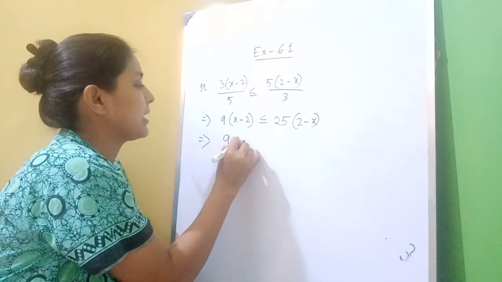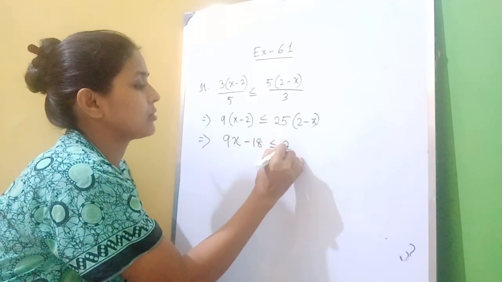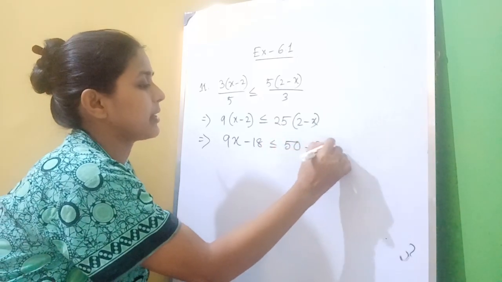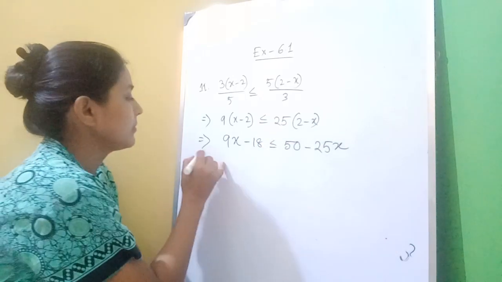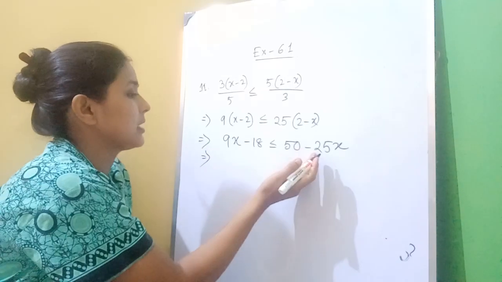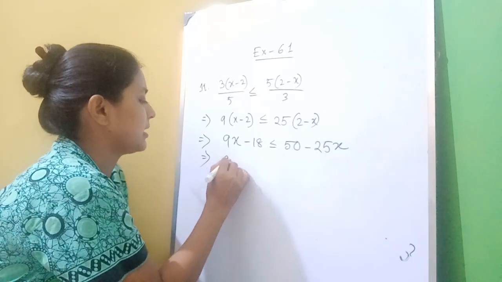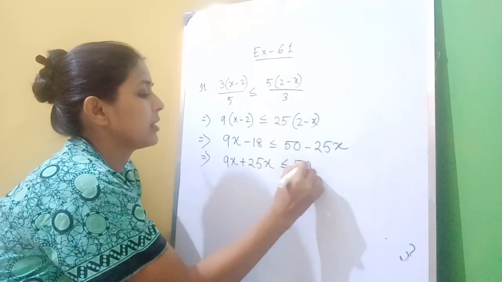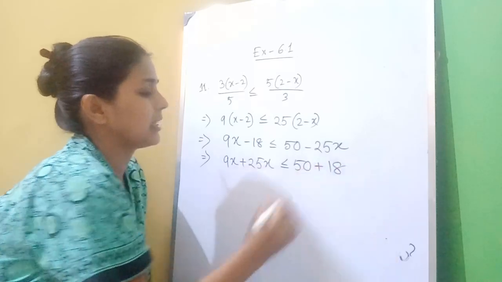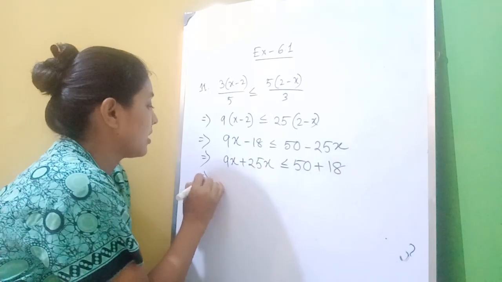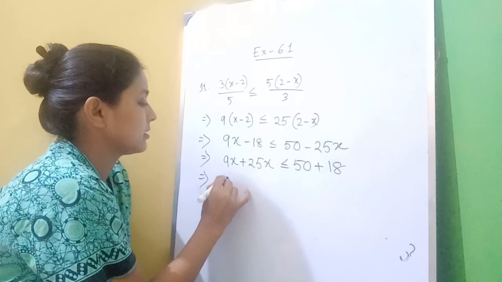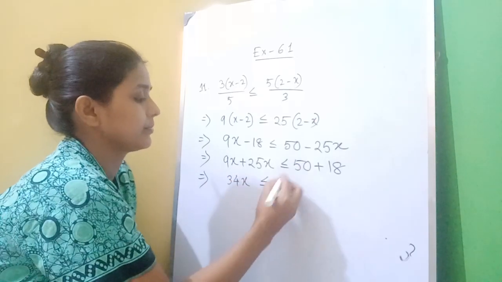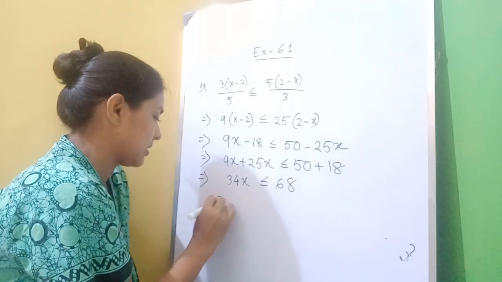This is 9x minus 18 less than or equal to 25 into 2, that means 50 minus 25x. From this, I am taking this one to the left hand side, 9x plus 25x less than or equal to 50 plus 18. From this we are getting 34x less than or equal to 68.